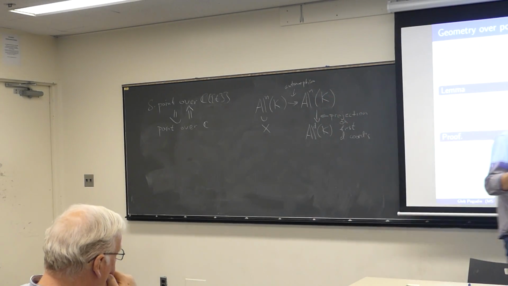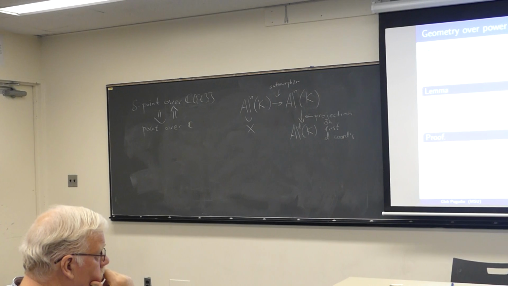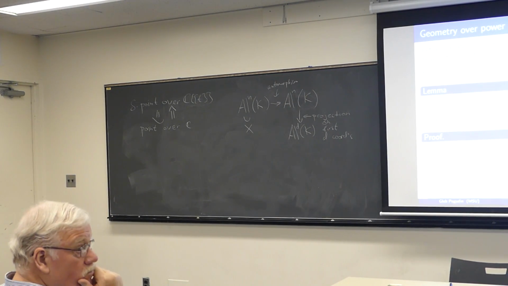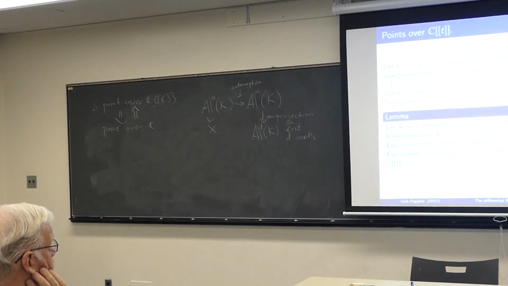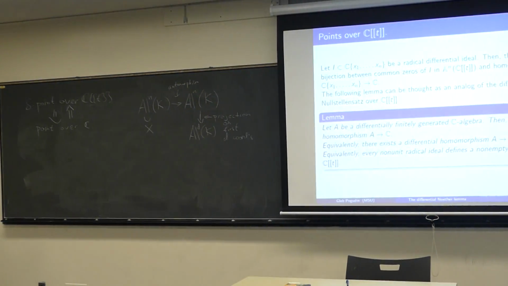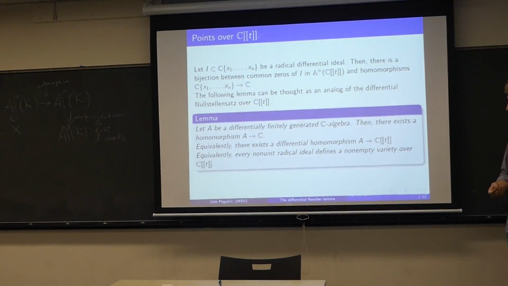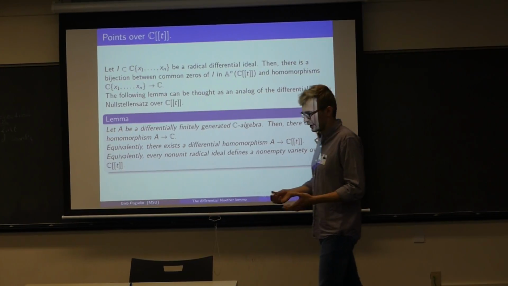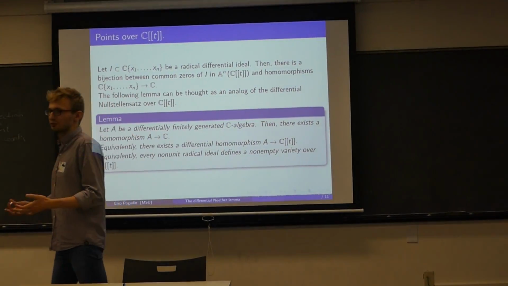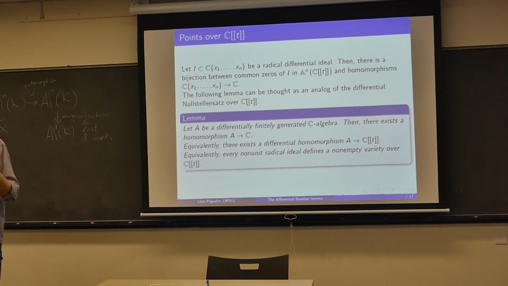And these points over C[[t]] or over C share some properties of points over a differentially closed field. Actually, there is a kind of differential Nullstellensatz for these points. The differential Nullstellensatz says that if you have some consistent system of differential equations, it has a solution in a differentially closed field.